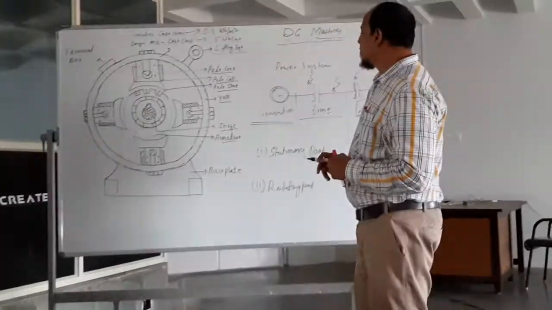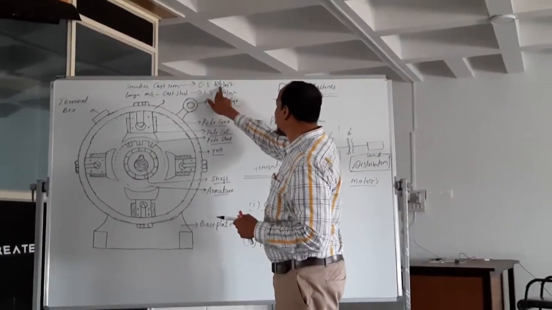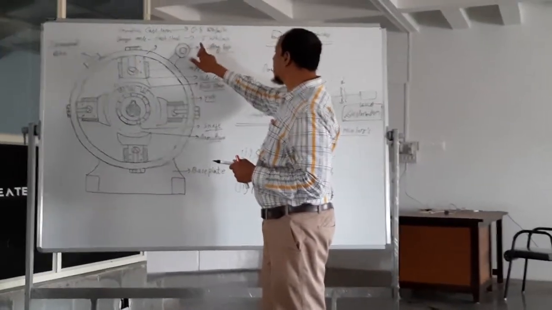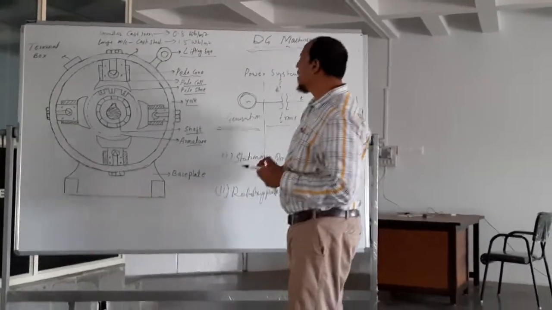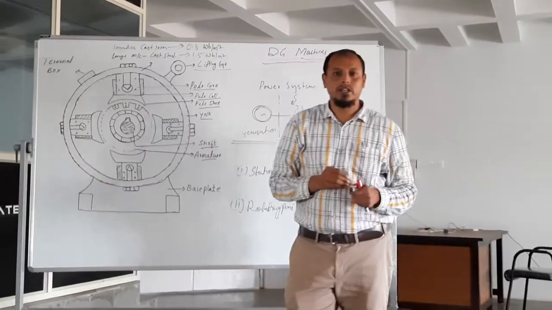So the flux density saturates in cast iron at 0.8 Weber per meter square, while in cast steel it is 1.5 Weber per meter square. What does it mean, and how is it helpful?